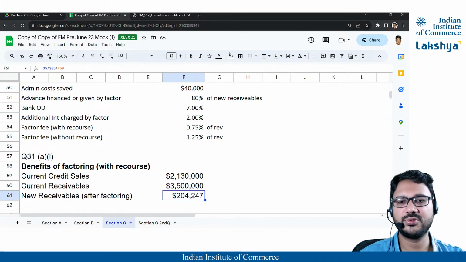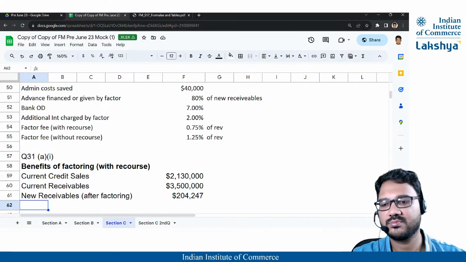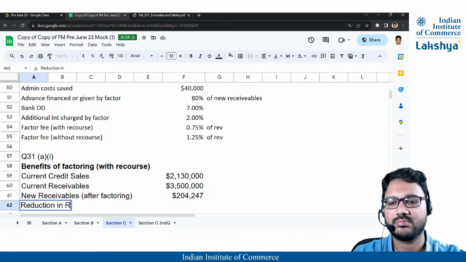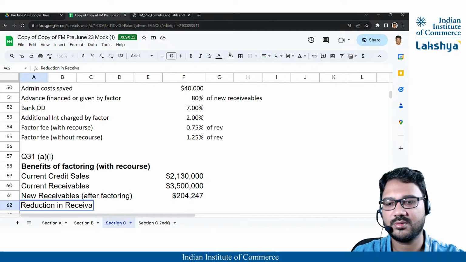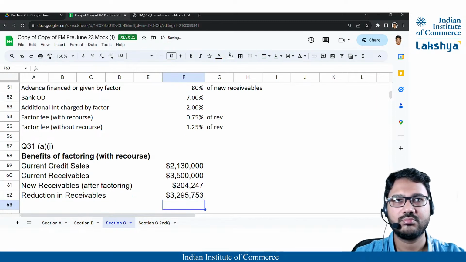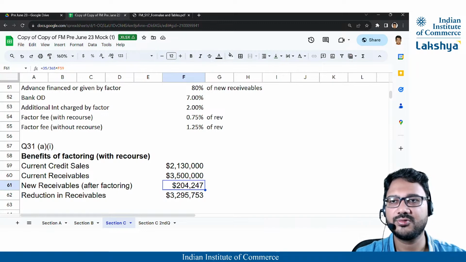That's a huge reduction. Okay, no, there's some error, that can't be. It's a huge reduction.